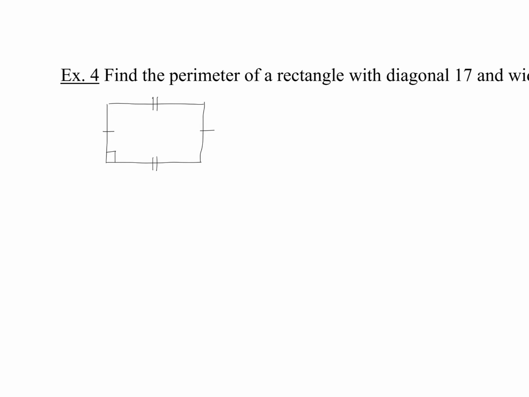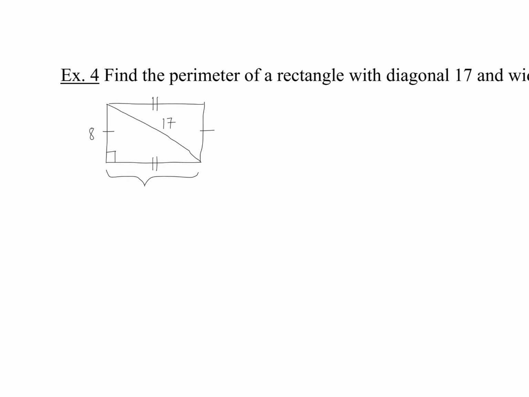And it's got a diagonal length of 17, with a width of 8. Okay, so in order to find my perimeter here, adding up all my sides, I'm going to need to find the length. So I'm going to solve for this length here. And once I know that, then I can find my perimeter.